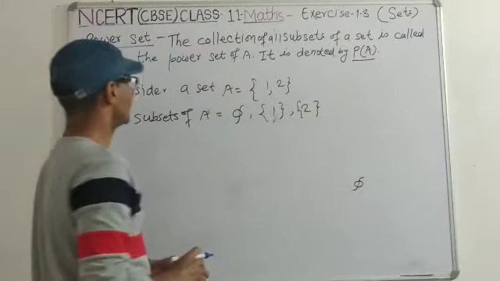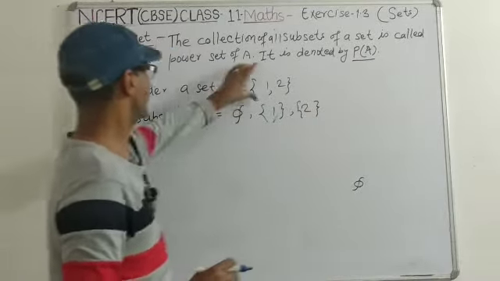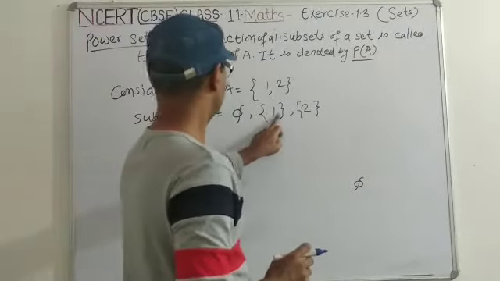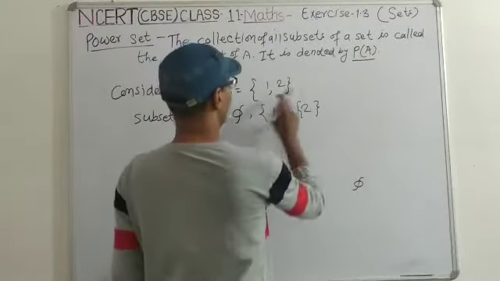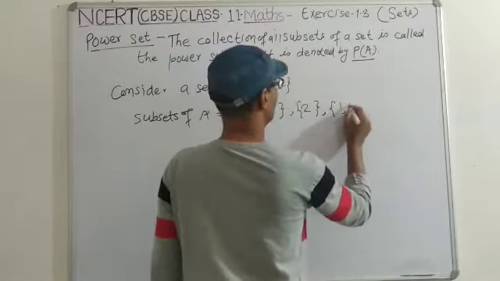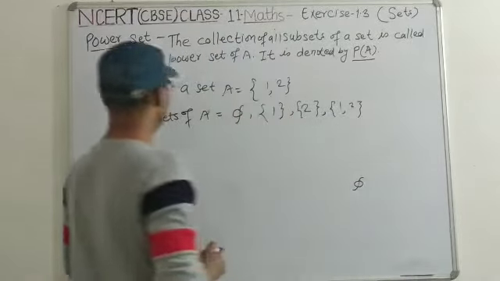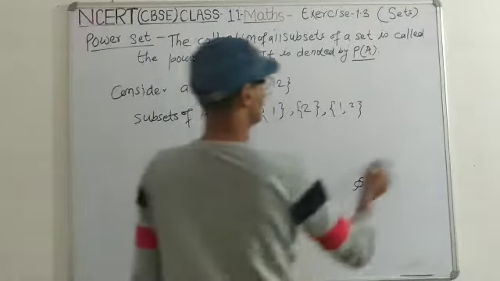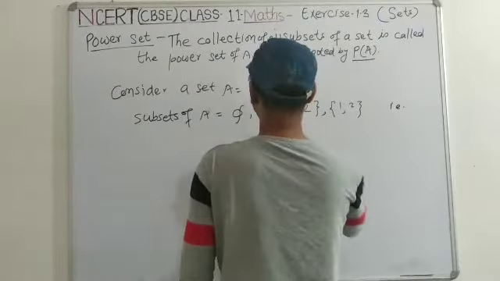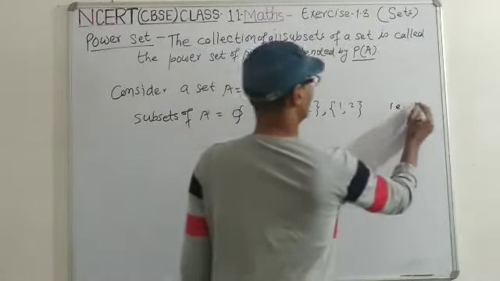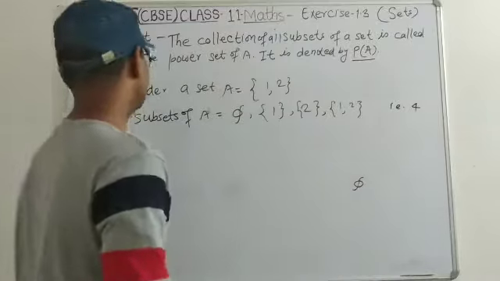Subset means sub means part. These are parts of this set, some parts: {1}, {2} and also {1, 2}. So how many subsets are there? That is total 1, 2, 3, 4. Total is 4.